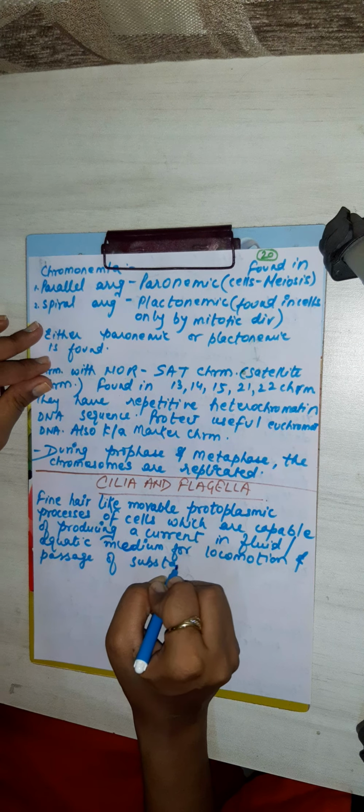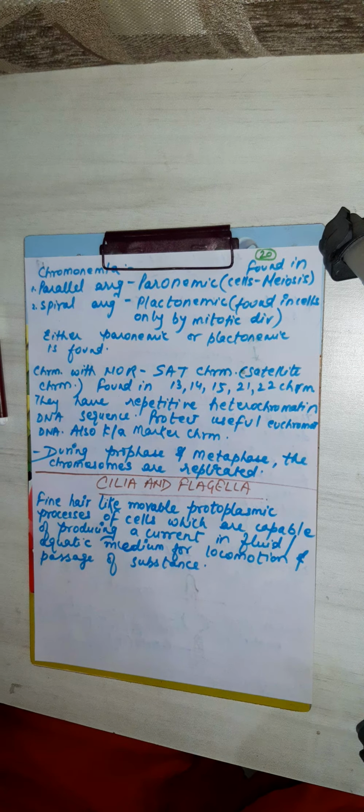So how do cilia and flagella mainly look? Students, have a look. This is flagella, in the organism Euglena, and this is cilia.